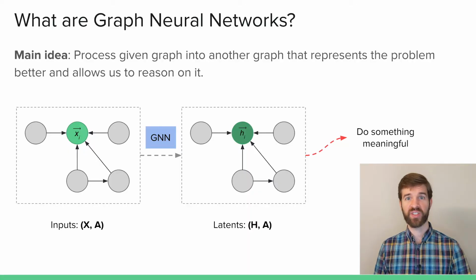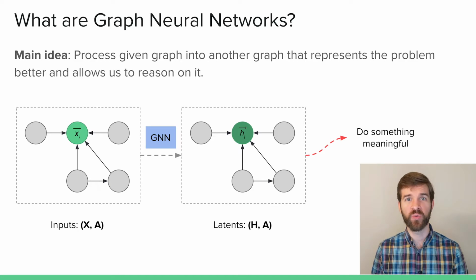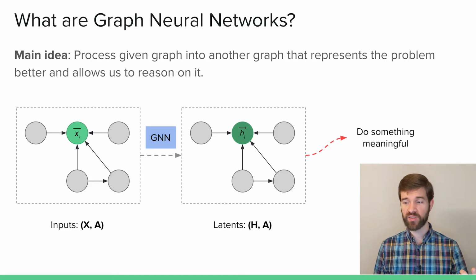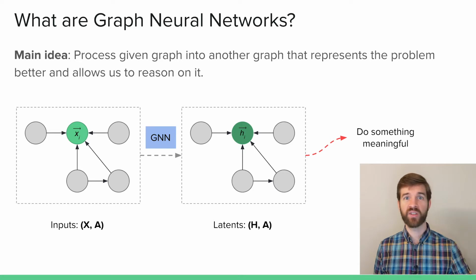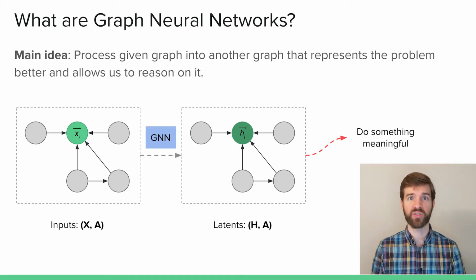And at this point, you will probably have at least 3 questions. First question, what is this something that you can do once you have this graph? The second question, where do I get my input graph from? What does this thing look like? And of course, the most important question, what is this whole GNN box here doing?